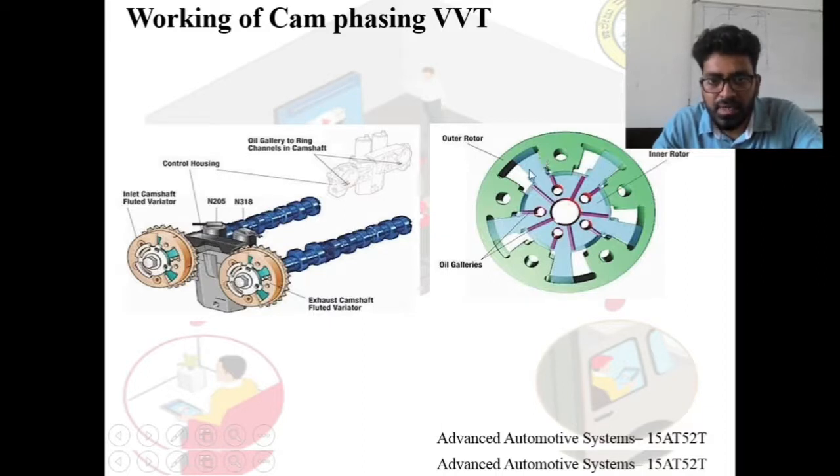At that time, this inner rotor will come to contact with outer rotor to the right side, so that the valve opening, the camshaft will retard about 10 or 15 degree as the camshaft or rotor is designed. Okay. That time the valve will be retarded.